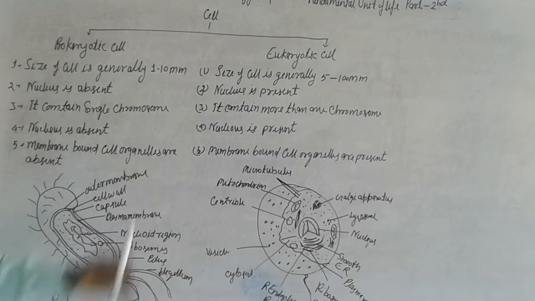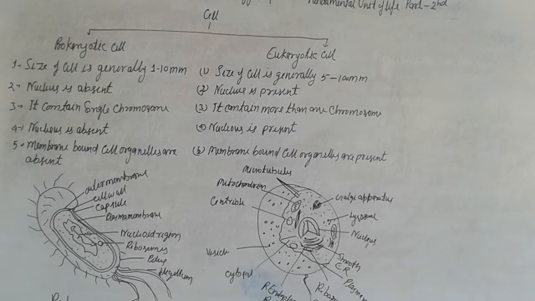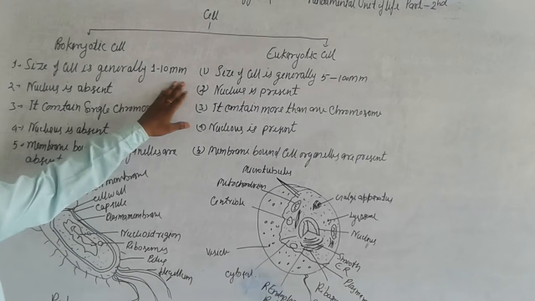Cells are divided into two parts: first is the prokaryotic cell and second is the eukaryotic cell. You can see here the size of a prokaryotic cell is generally 1 to 10 mm.